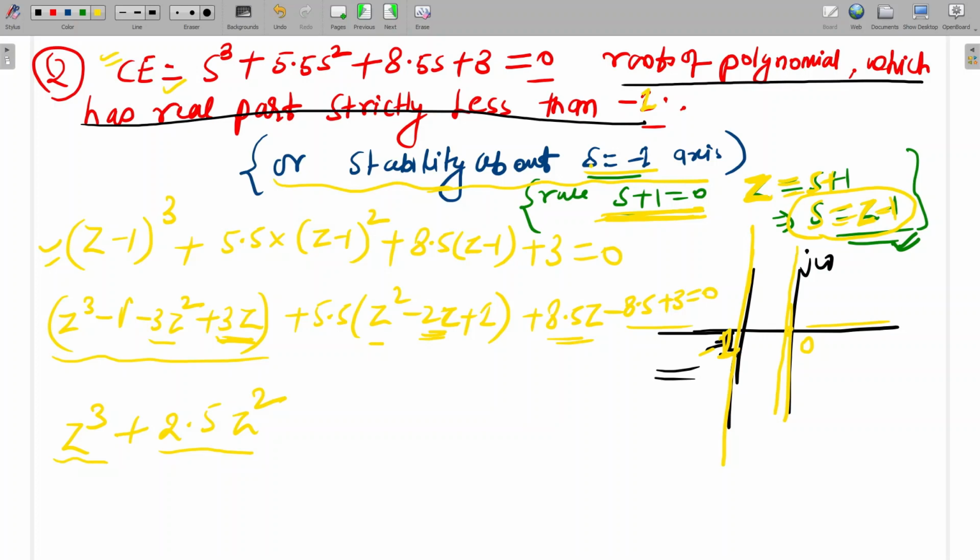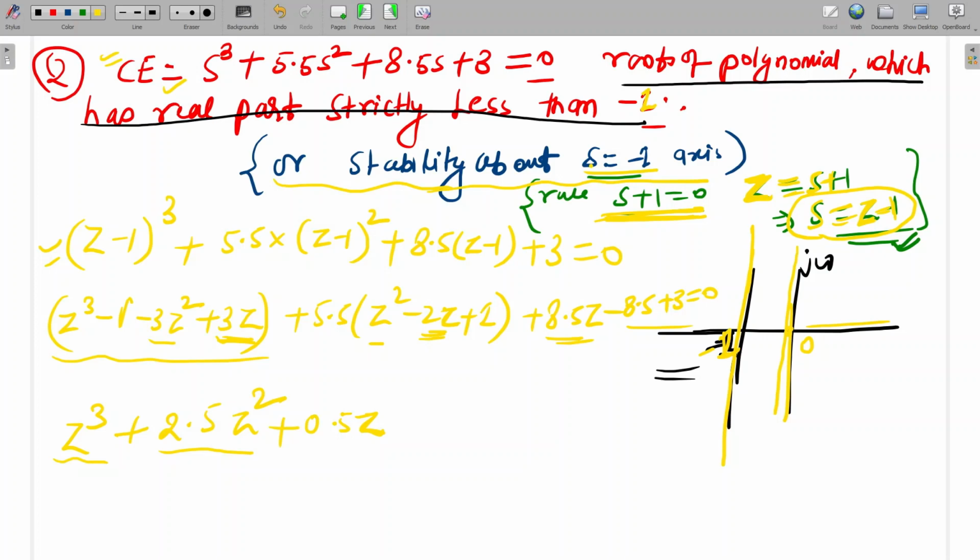So minus 11 and here plus 3, which I was taking as minus 3. So minus 11 plus 8.5 plus 3, how much? 8.5 and 3 is 11.5, 11.5 minus 11 is 0.5, so 0.5z, correct?